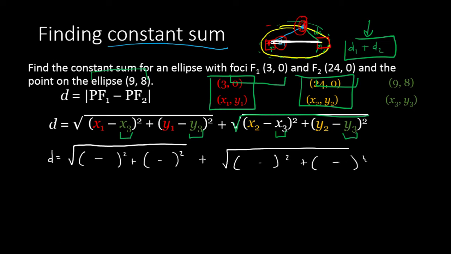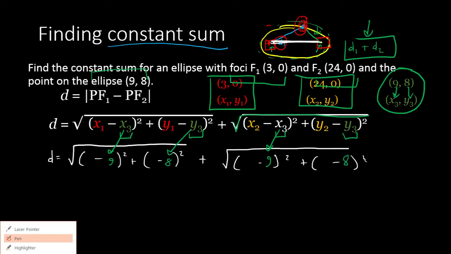And then it's as easy as going back and matching my coordinates to the descriptions in the question. So again, the point on the ellipse must correspond to x3, y3. So x3 is 9, put a 9 there, and a 9 there. y3 is 8, perfect. 8 goes here, 8 goes here.